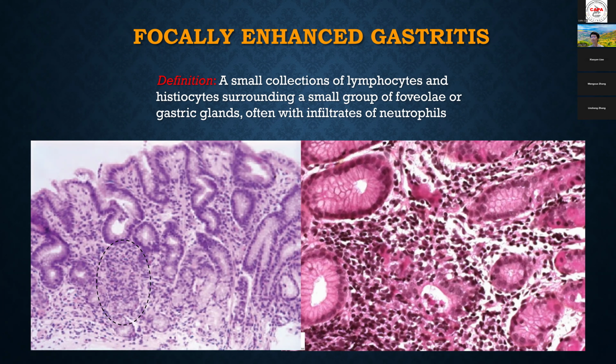For adults, we will say focal chronic active gastritis. We don't make too much noise because adult gastroenterologists don't take that too seriously, and in adults the correlation between focal enhanced gastritis and Crohn's disease is not so accurate.